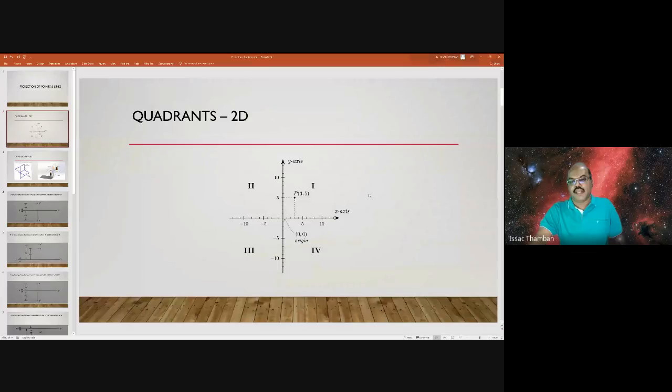Horizontal plane is the reference plane which is equivalent to the x-axis. In plane geometry, we have a horizontal line which is known as the x-axis. But in solid geometry or in 3D, instead of the x-axis, we have the horizontal plane, which is known as the horizontal reference plane.